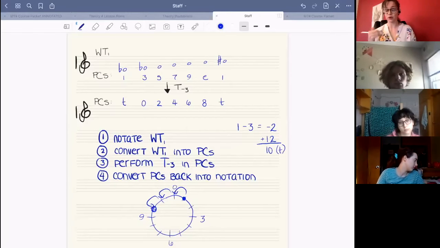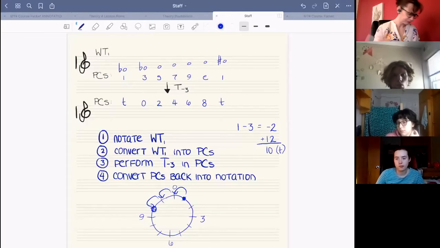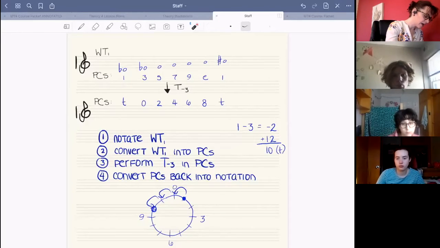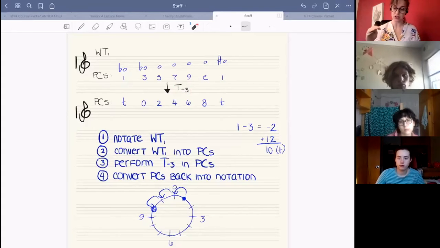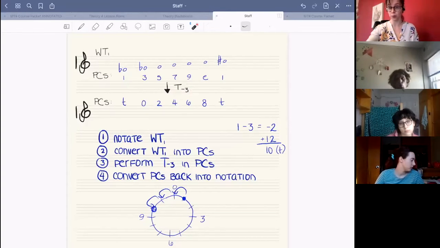Now we are going to convert this to notation, and I wanted to make a note of this as well because I saw it come up on the worksheet quite a lot. Please remember that these T numbers, it's not just telling you what type of math to do to your pitch class integer, it also reflects direction. So a positive T number means you are transposing upward, and a negative T number means you are transposing downward.